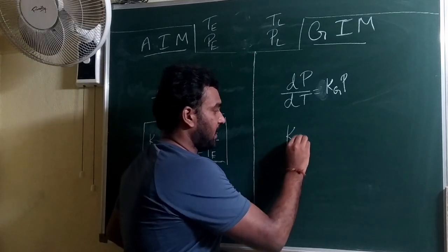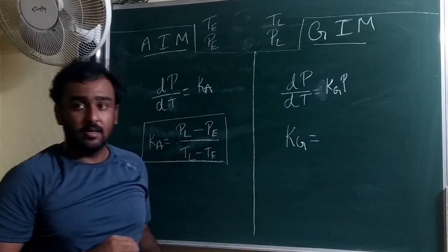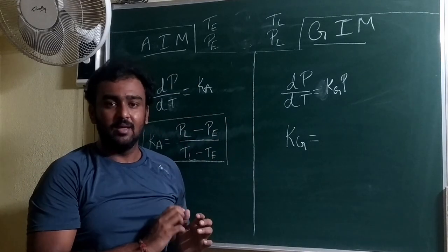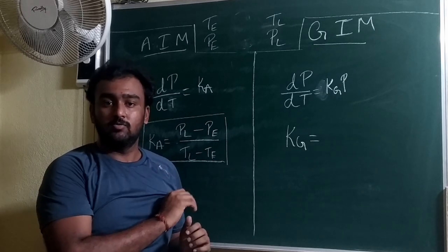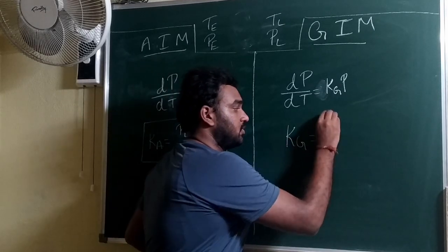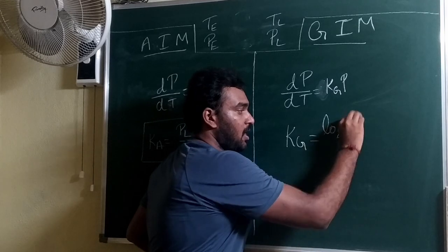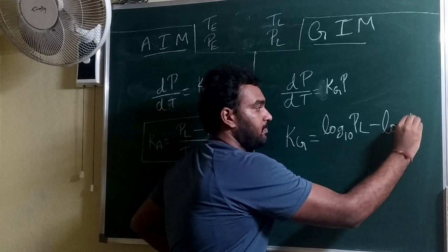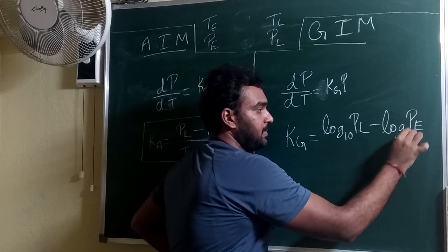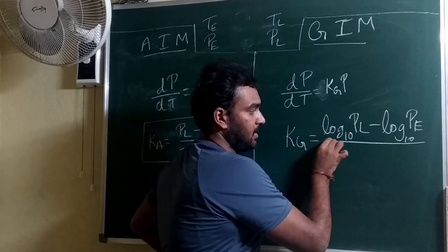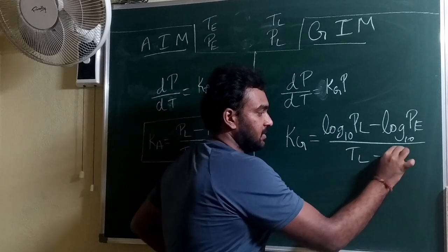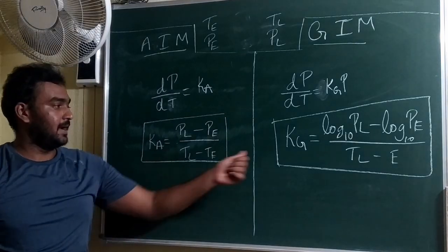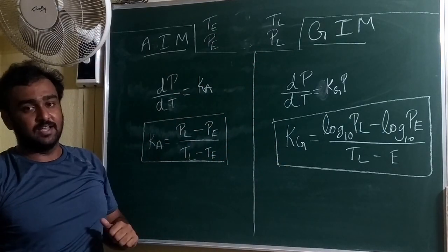And keep this in mind for Kg: in the geometric increase zone, the city will have logarithmic growth, so we consider the log of the population. Log of PL minus log of PE to the base 10, taken over the time interval TL minus TE. So this is how we calculate Ka and Kg when this set of population data is considered.